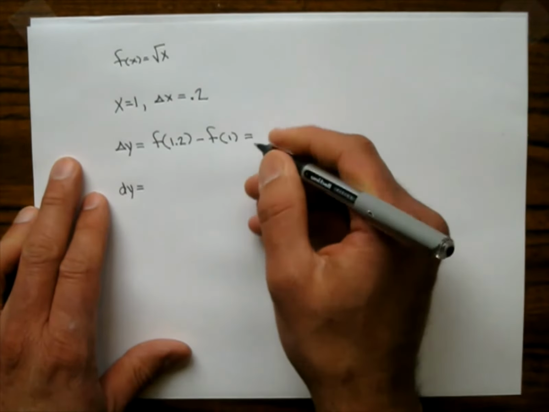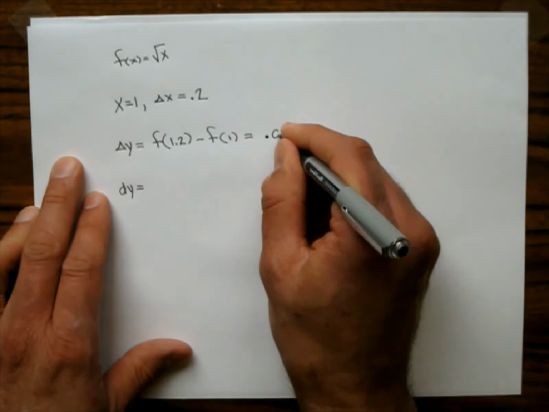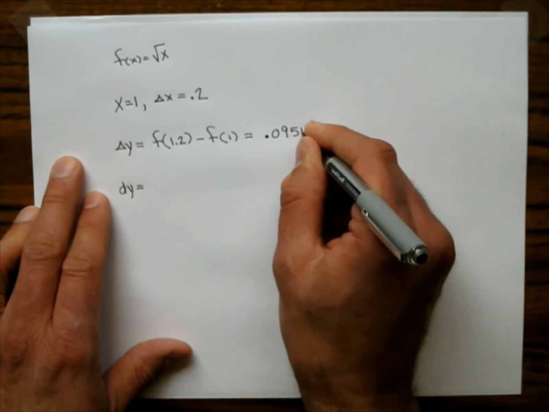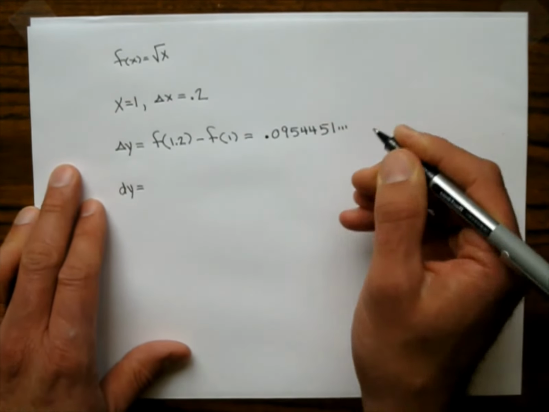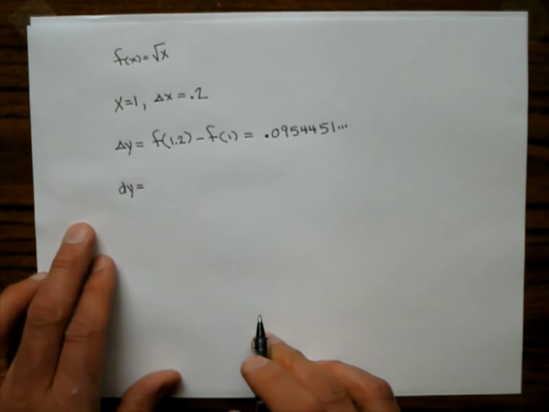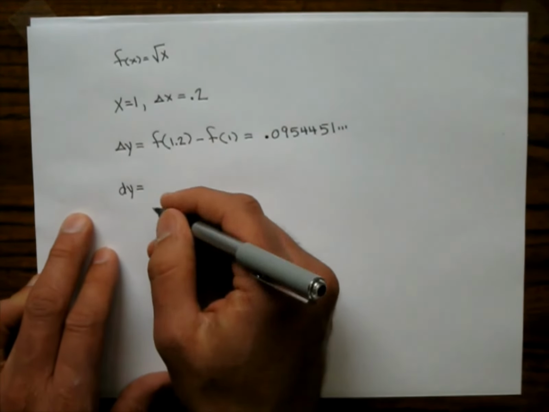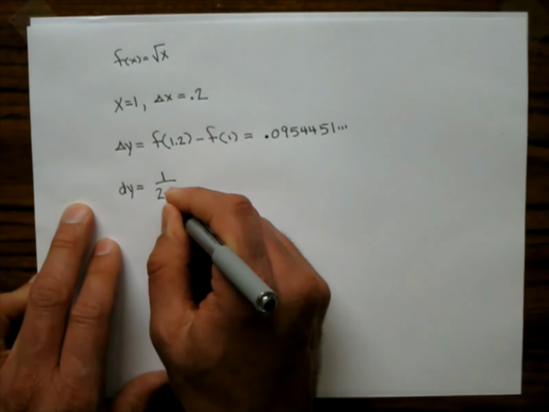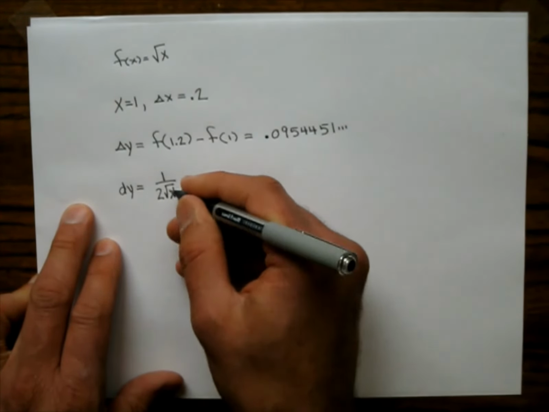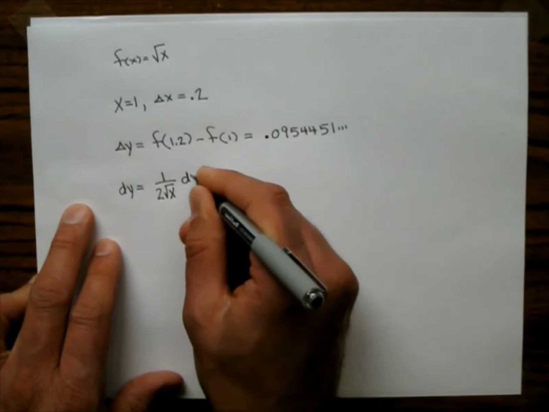And so when you do that on your calculator, you end up getting 0.09544551, etc. Okay, and your calculator is going to round. Now dy, which is 1 over 2 root x, that's the derivative, times dx, and we have that written down above.